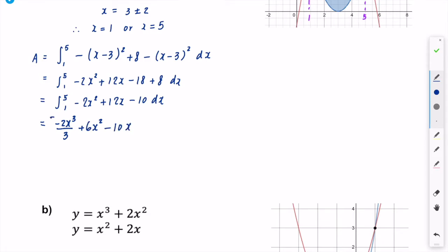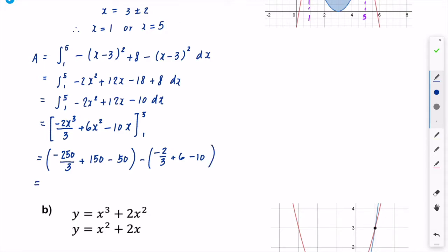And I evaluate this definite integral from 1 to 5. 5 cubed is 125, so negative 250 over 3, plus 5 squared is 25, so 150, minus 50. Then subbing in 1, I have negative 2 over 3 plus 6 minus 10.